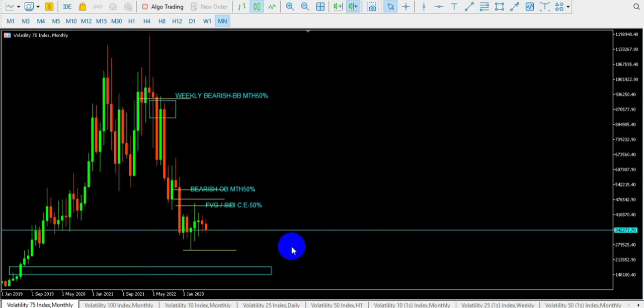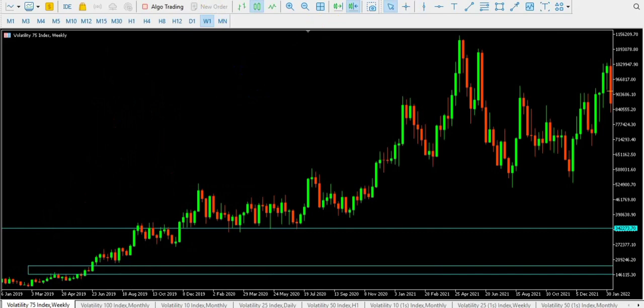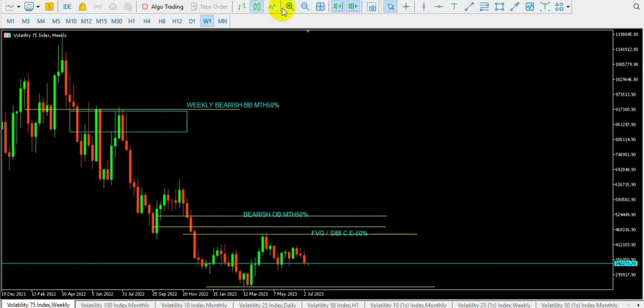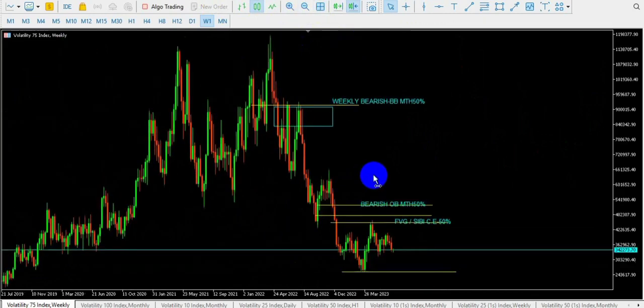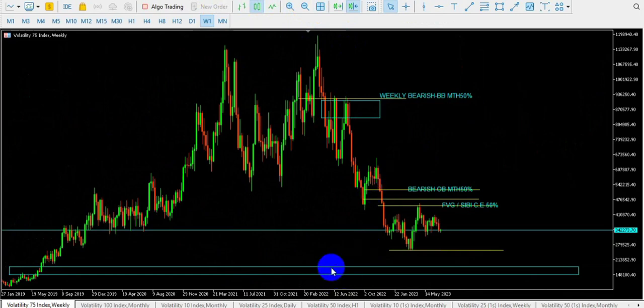So with that being said, we already know that the algo is aiming for a lower price, a continuation. We are expecting the algo to continue pushing price lower, so that we can get into this draw.